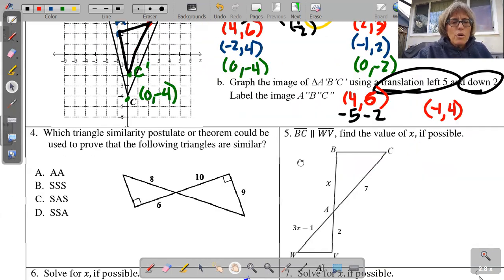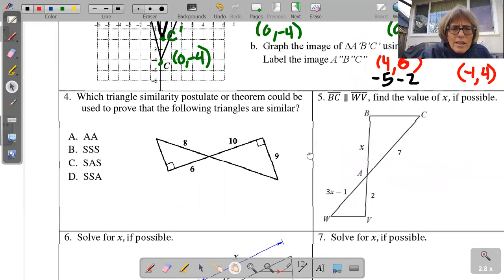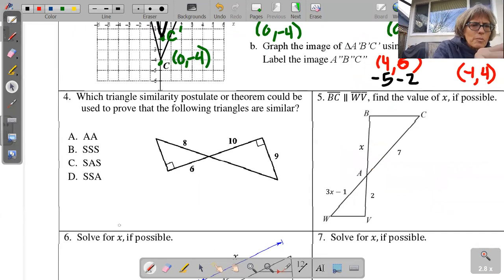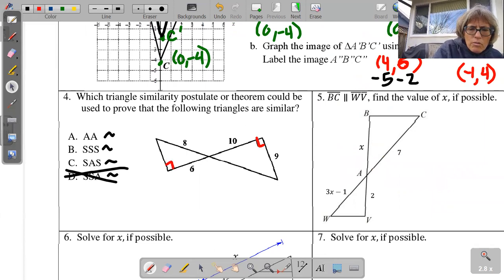Coming here, which similarity postulate? You should have a little similarity sign going on for all of these. Side-side-angle is not a similarity postulate, so you can chuck that. Let's see what we have here. Well, 1, we have a right angle. 2, we have an angle in the middle. So we have a pair of angles in the middle. And let's check our sides. We're going right angle to the middle, right angle to the middle.